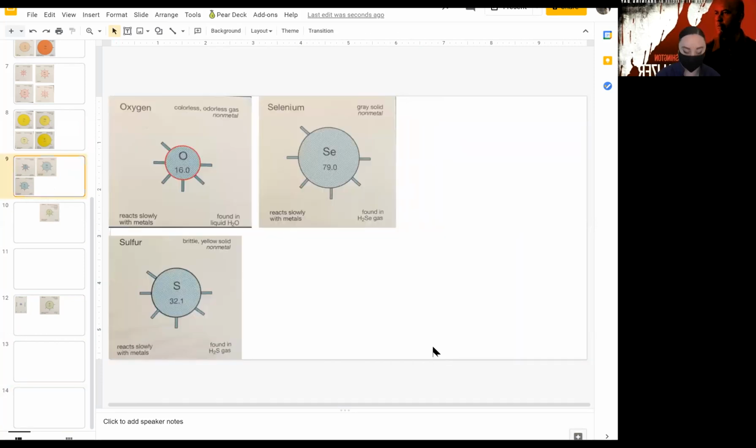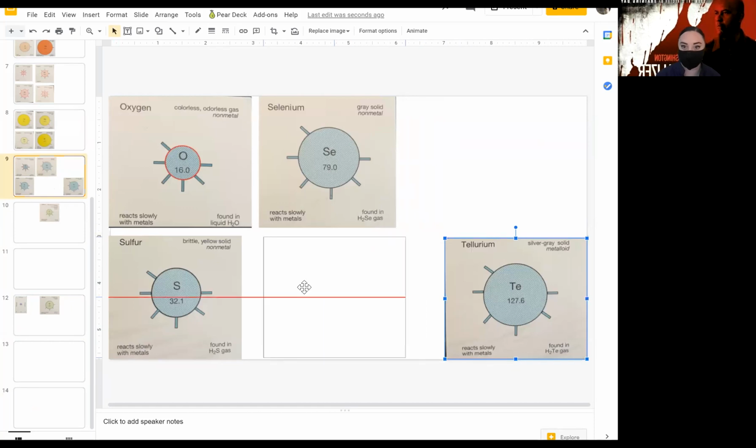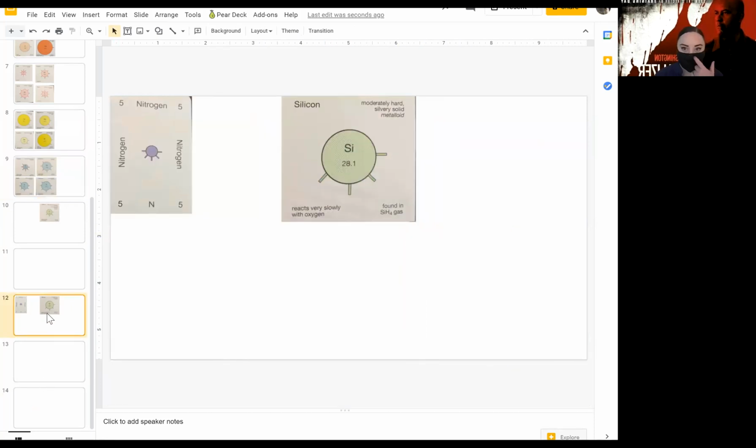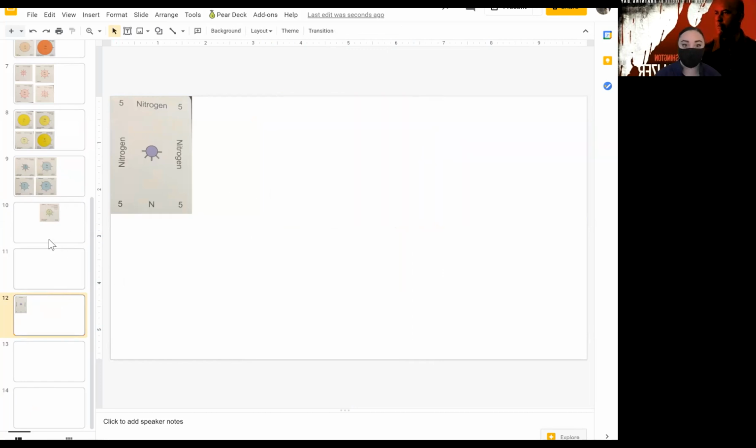Tellurium. Okay. And then I've got these slightly darker green ones. So I have silicon.